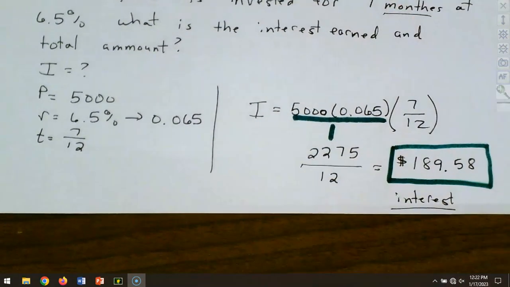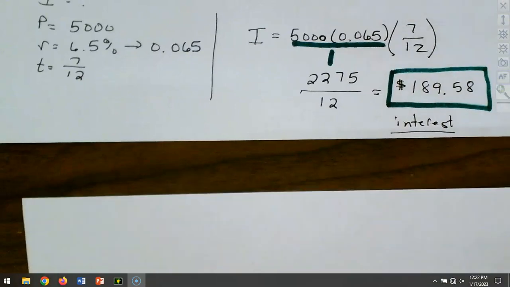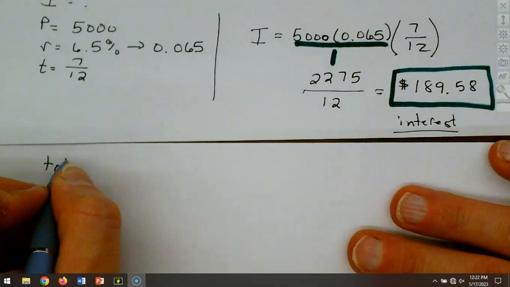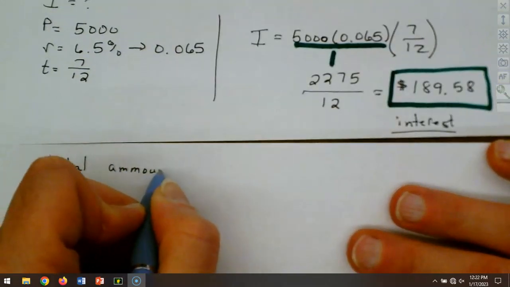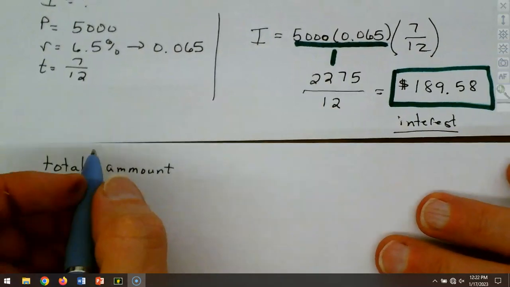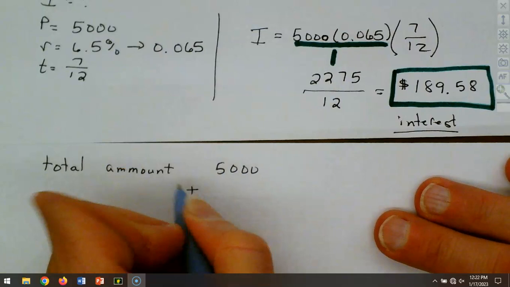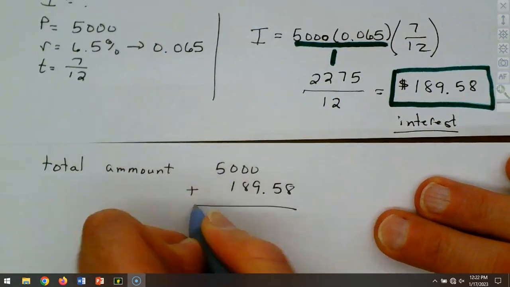Now, what is my total amount? Well, the total amount is going to be that 5,000 plus $189.58.